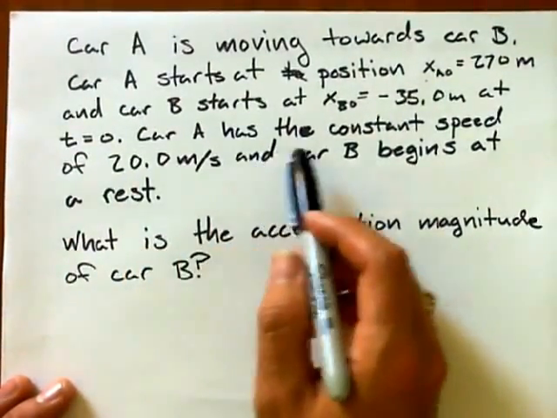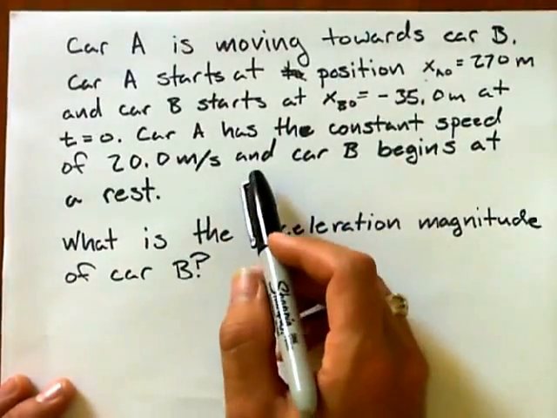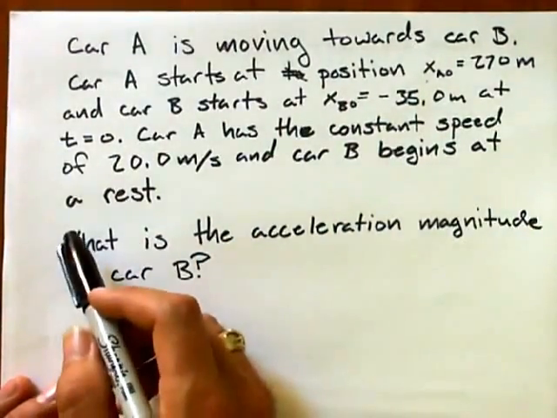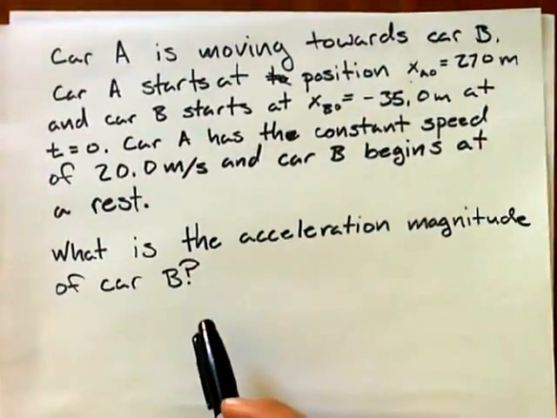Car A has a constant speed of 20 meters per second, and car B begins at rest. What is the acceleration magnitude of car B?